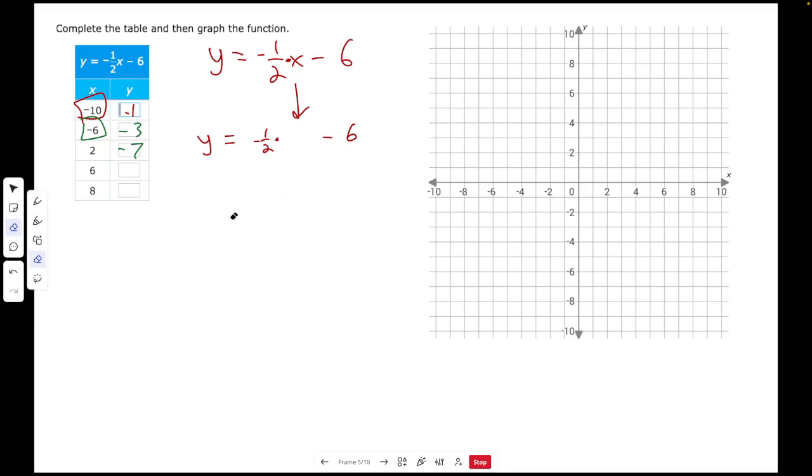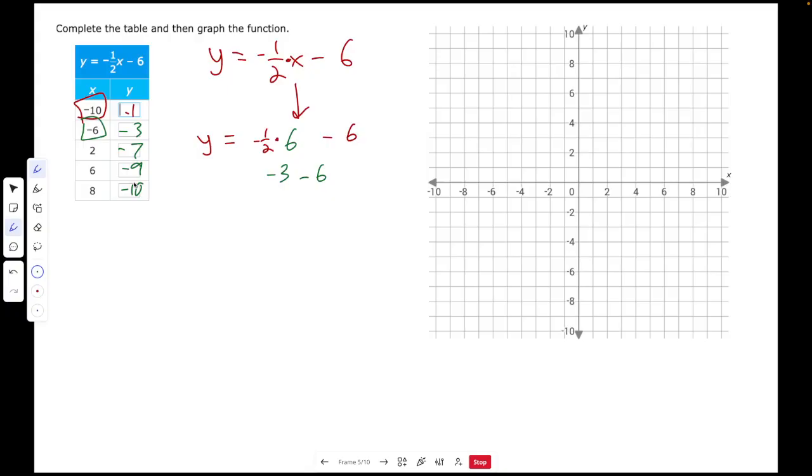Plugging in the 6 gives me -3 minus 6, which is -9. And 8 should give you, let's see, -1/2 times 8 is -4, should give you -10.